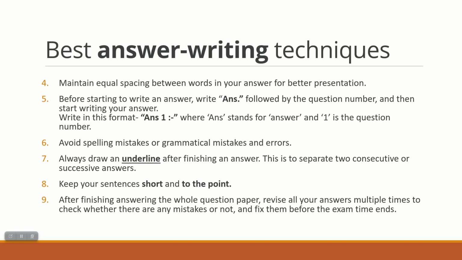That marker, that division, can be created using an underline. Whenever you are separating two successive answers with an underline, draw the underline with a pencil, preferably an HB pencil, and avoid using a pen to underline. Never use a pen to underline. That is not a good approach.